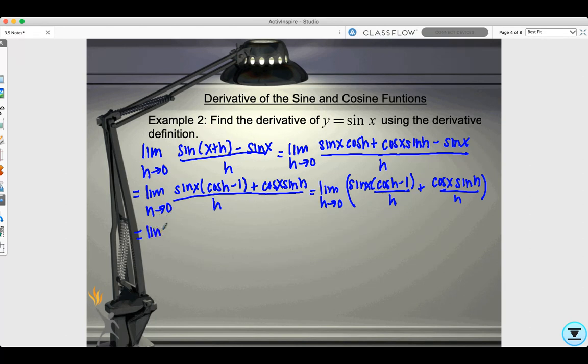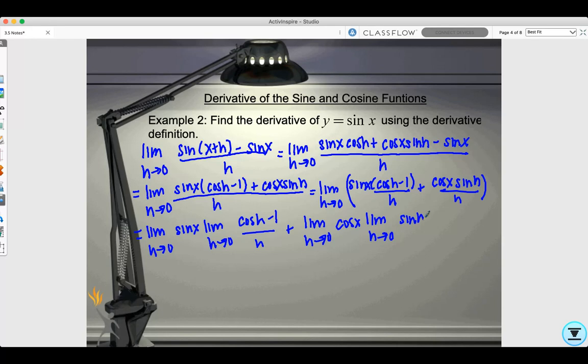So I can have the limit as h approaches 0 of just sine x times the limit as h approaches 0 of cosine h minus 1 all over h. Then I have my plus, the limit as h approaches 0 of cosine x times the limit as h approaches 0 of sine h all over h.